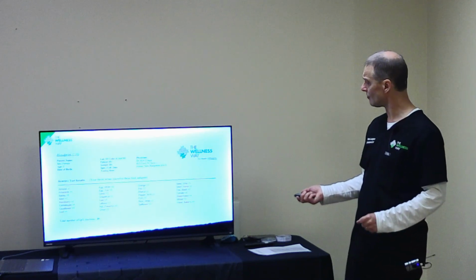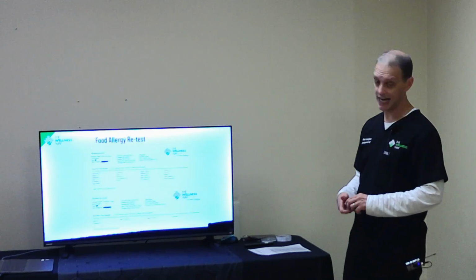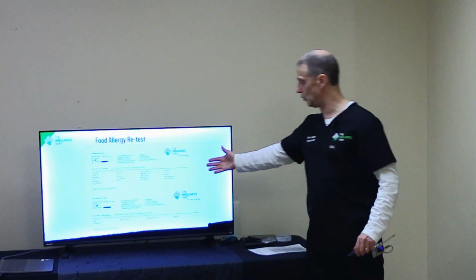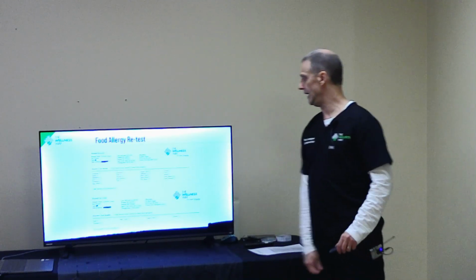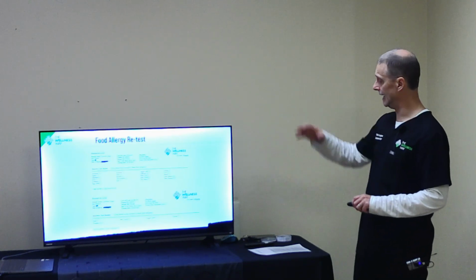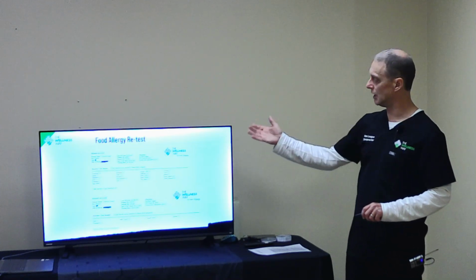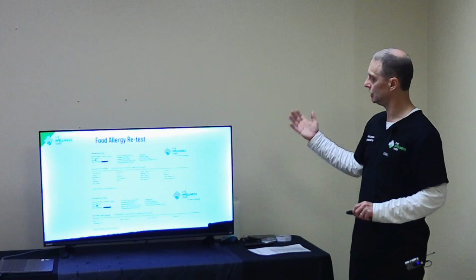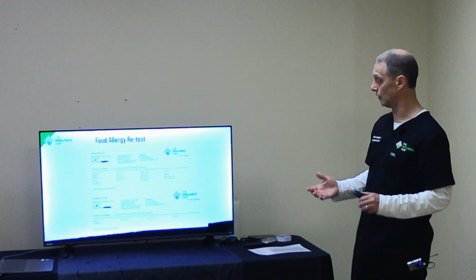So, can these things change? The good news is yes. This was my wife's first food allergy test. She had 21 food allergies when we first tested her in 2021. She was diligent with staying away from these things. We worked on her stomach, we worked on her gut health, and she avoided these foods as best she could for a year.